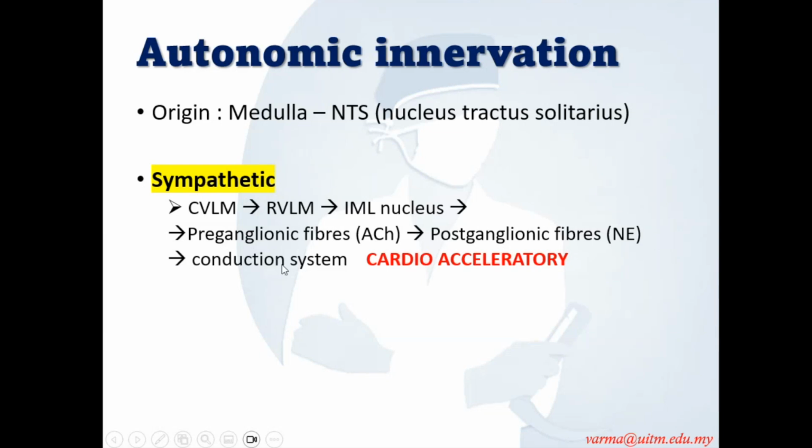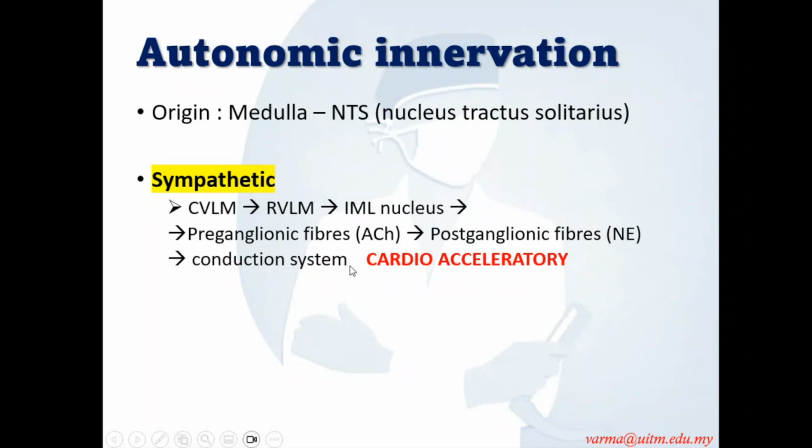So the pathway to reach the heart is from the medulla at nucleus tractus solitarius, through a few more nuclei, then via preganglionic fibers using acetylcholine to the postganglionic fiber, where norepinephrine acts on the conduction system of the heart.